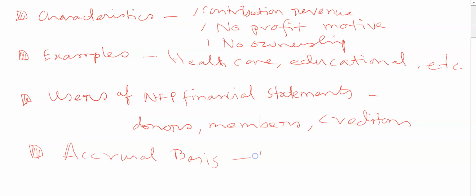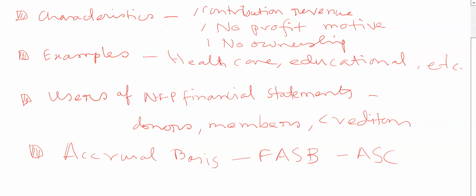And who prepares the financial statement codifications or all those accounting principles? It's the FASB. Just like for-profit entities, FASB also prepares the standards, or ASC, that means Accounting Standards Codification.